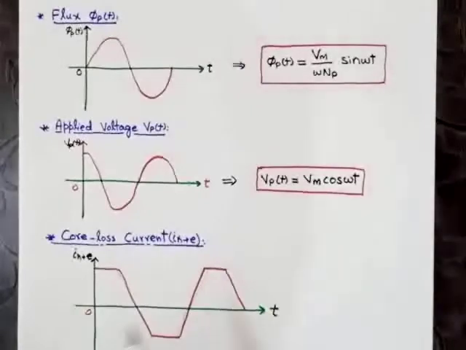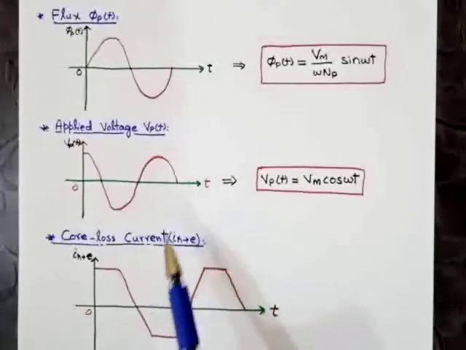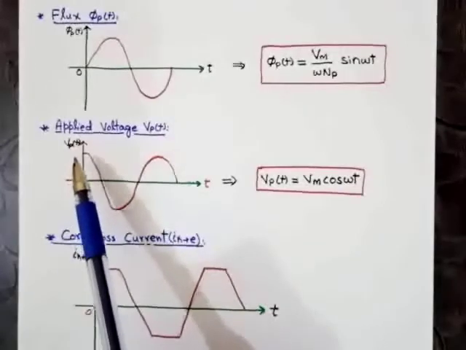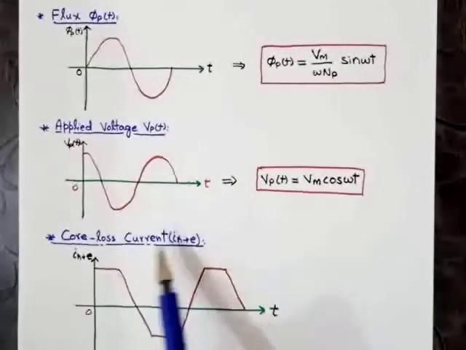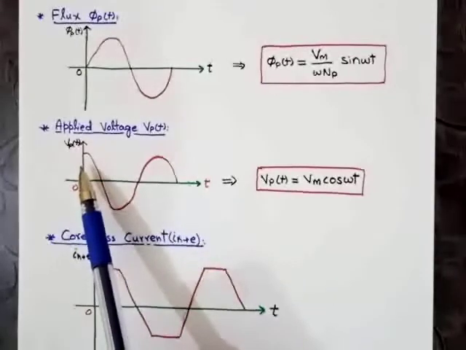There are two types of losses that occur in the core. The first one is the hysteresis losses and the second one is the eddy current losses. Hysteresis losses are directly proportional to the applied voltage. When the applied voltage is maximum, the hysteresis losses will be maximum.